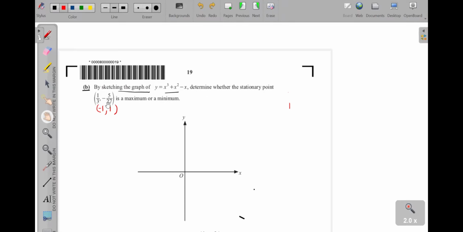Determine whether the stationary points are a maximum or minimum. Look here, this is a cubic graph, and in this cubic graph the coefficient of x cube is positive 1. When the coefficient of x cube is positive, the shape of the graph will be of this type.